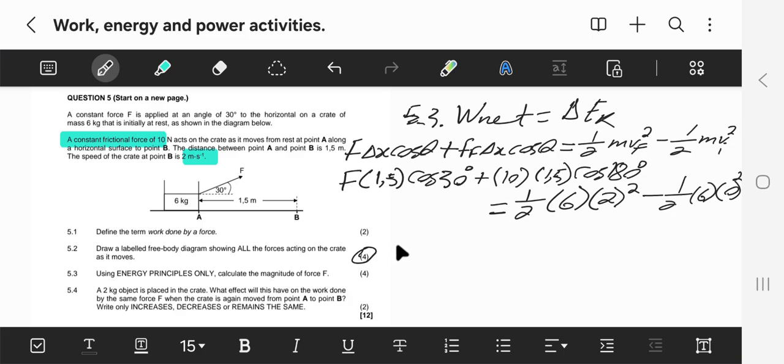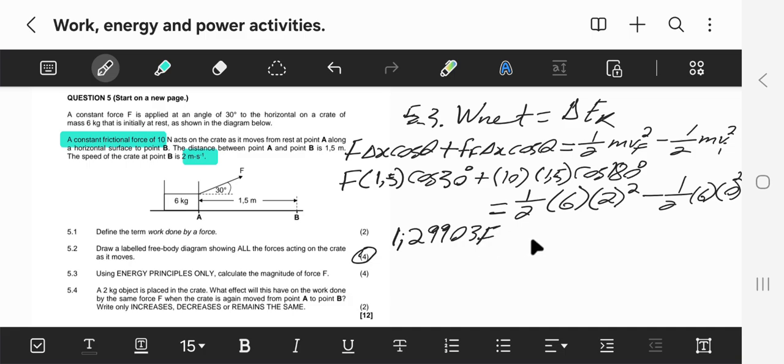Let's just calculate it. I'm going to see 1,5 multiplied by cos 30, and the value that I'm getting is 1,29903.